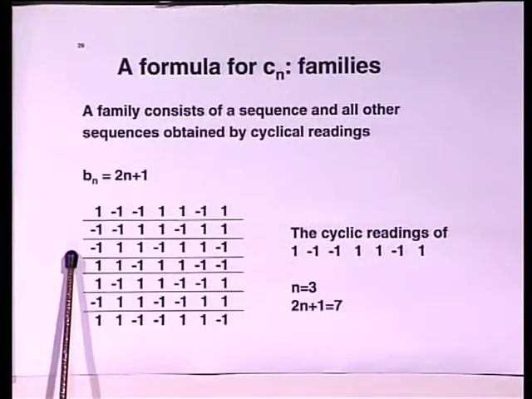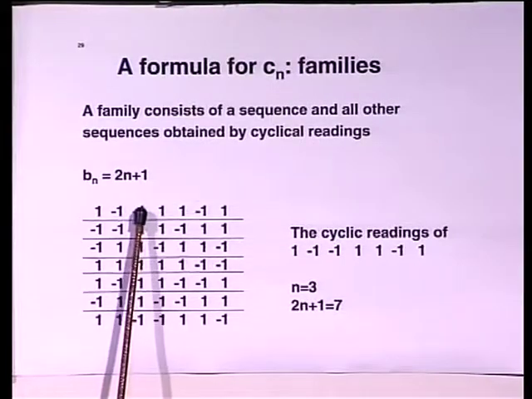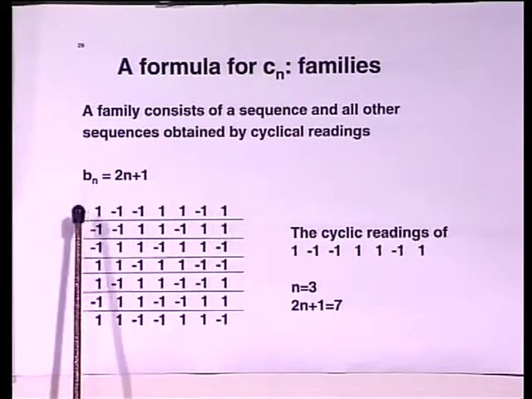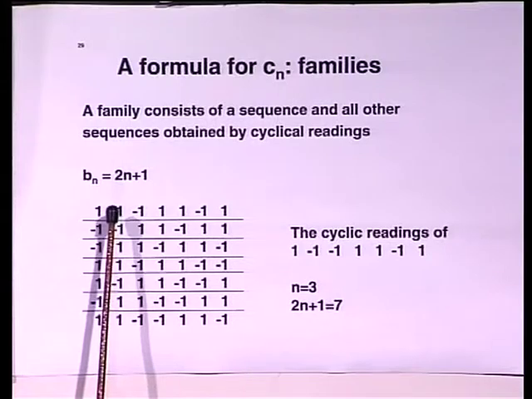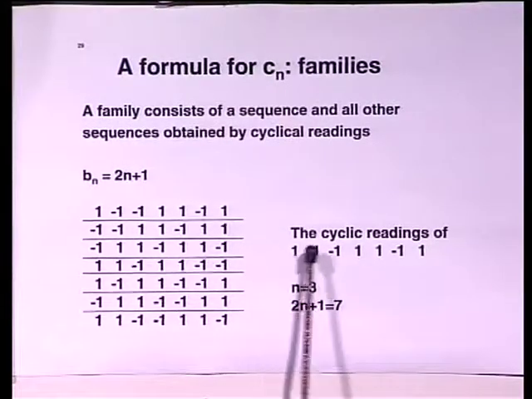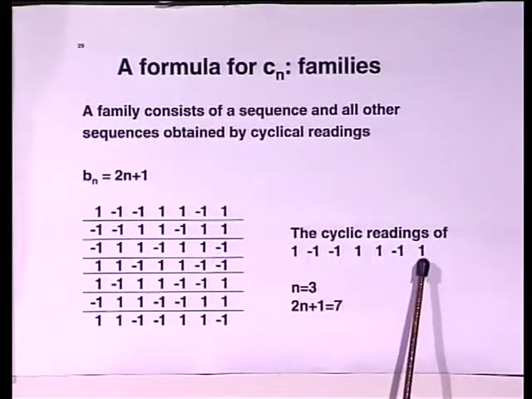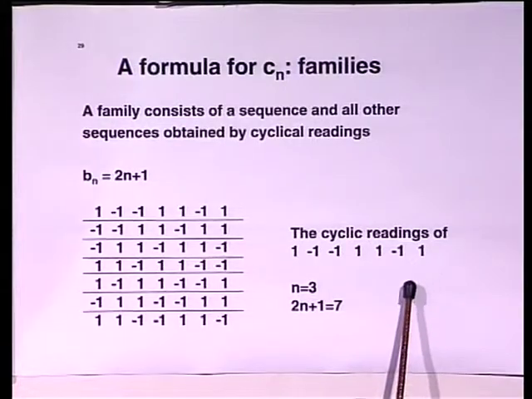This sequence is obtained by simply starting here and reading along and then back to the front. So in this way, we can get 7 different readings of this sequence, and they comprise a family. So our sequences are going to split into families all of size 2n plus 1, according to the different ways in which we can start reading any one of these sequences.